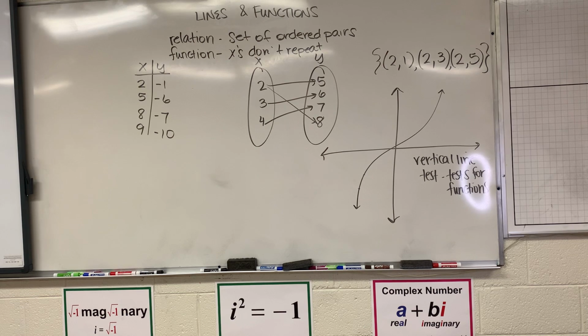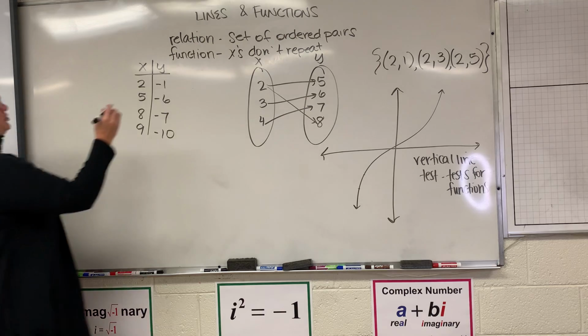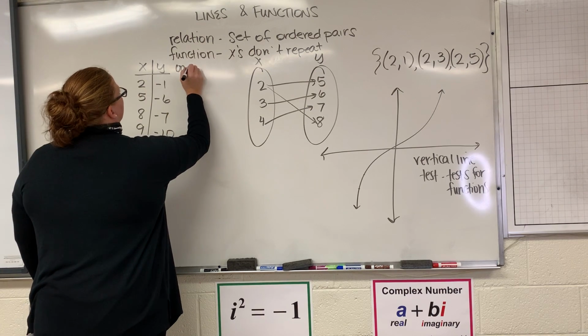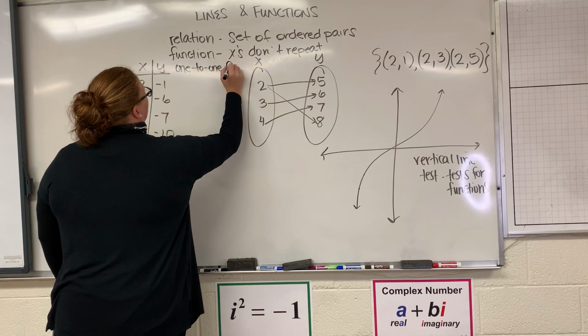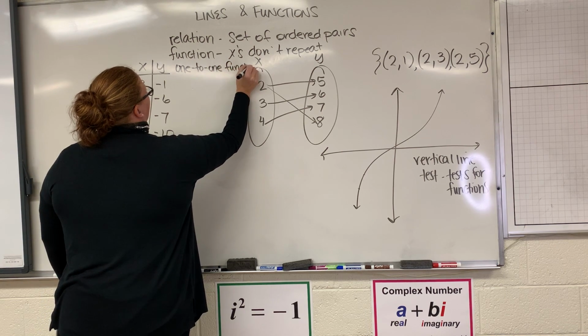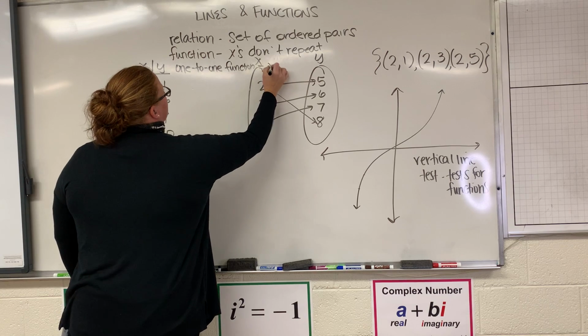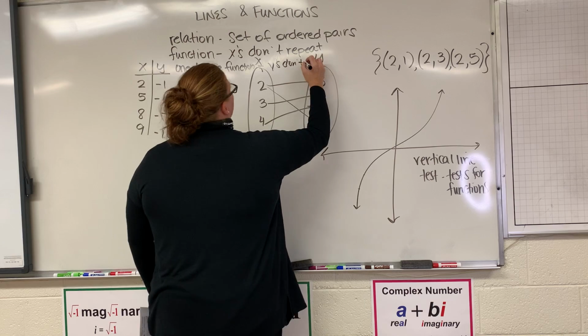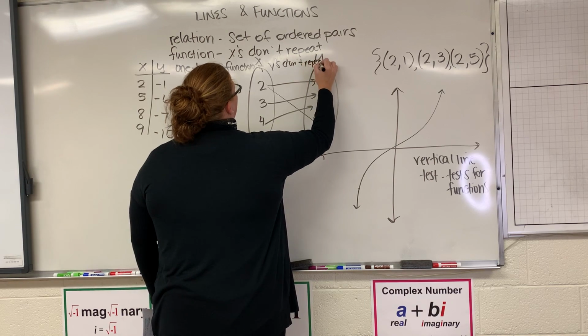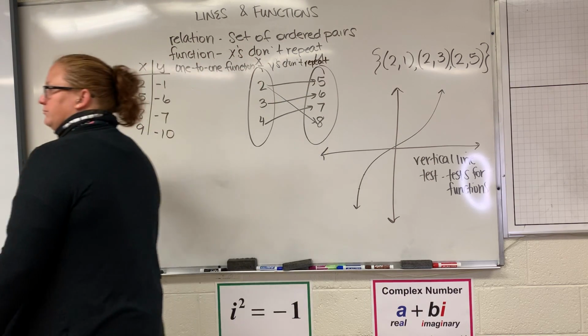Now that we have our functions, we have another step into it. It's called a one-to-one function. And this is where y's don't repeat. Of course, this is all after I know it's a function.